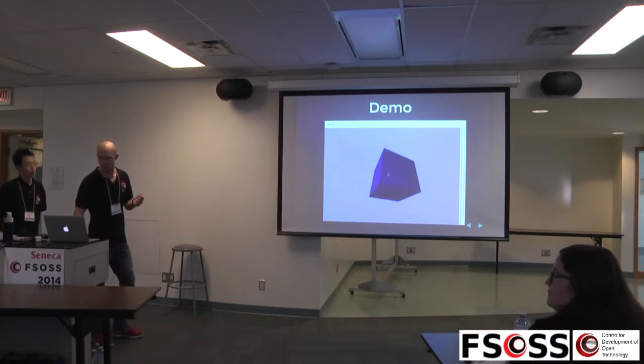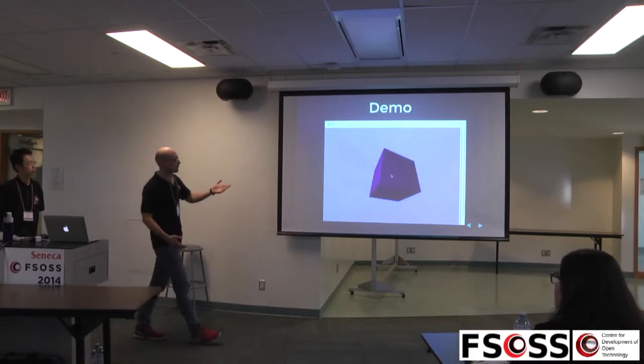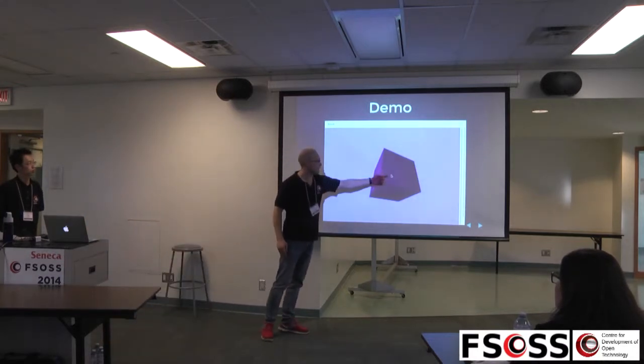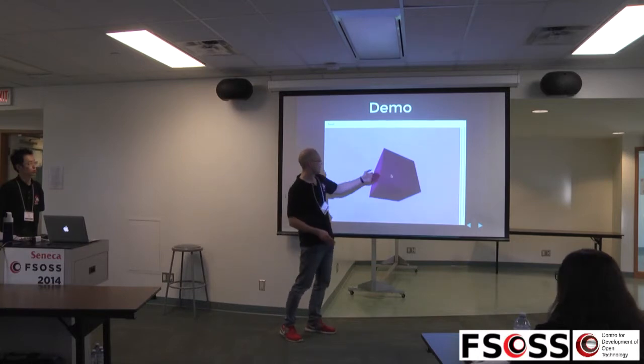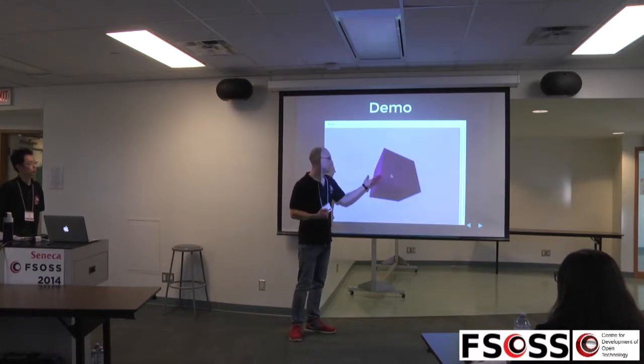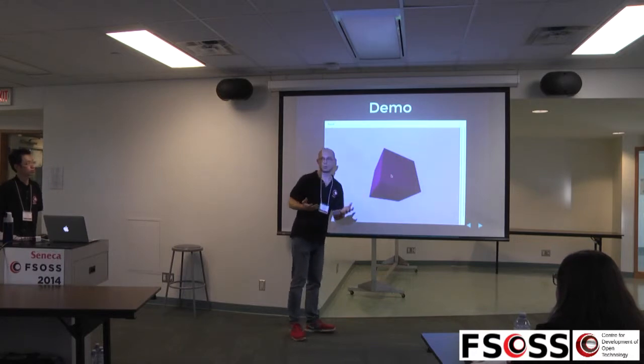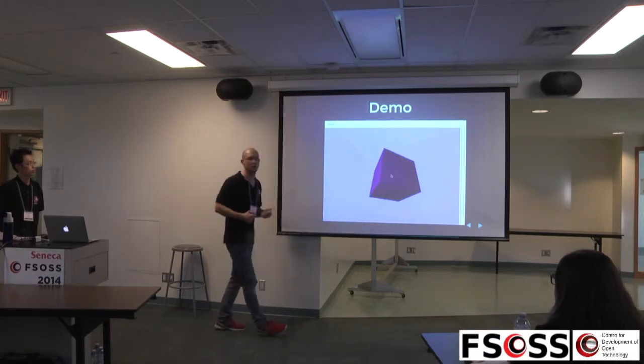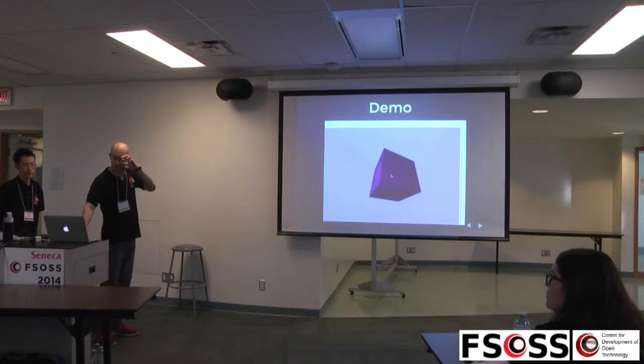I'm clicking on the object and it changes color. How does it happen? At the point of the click, it shoots a ray which hits the cube, and I get back the name of the object and can manipulate it. For example, now I can change its color. So it's a very simple idea.